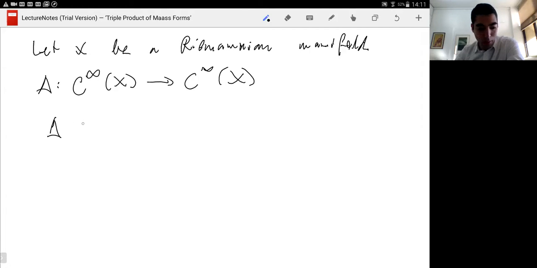The Laplacian is given by minus star d star d. Okay, so let's study this definition.